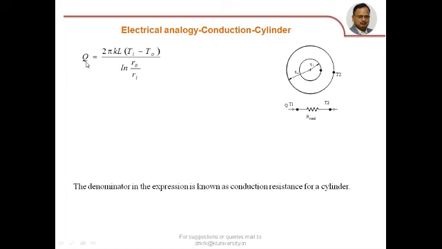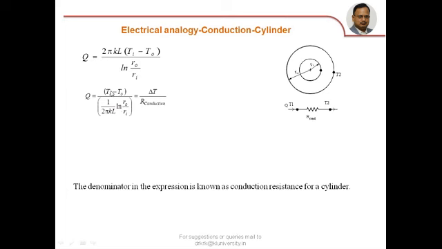We know that the formula for heat transfer through a hollow cylinder is Q equals 2 pi KL (Ti minus To) by logarithm of Ro by Ri, or (T1 minus T2) by logarithm of Ro by Ri, which can be rewritten as (Ti minus To) by, bringing this 2 pi KL into the denominator, 1 by 2 pi KL log Ro by Ri.